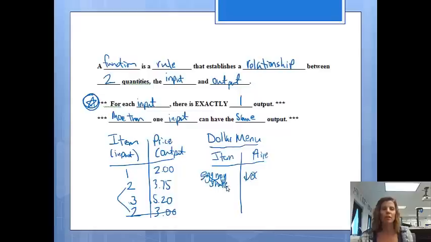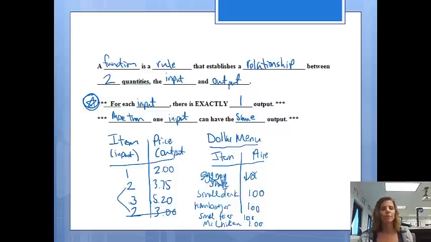Let me think of some things that would be. A small drink might be $1, a hamburger would be $1, small fries would probably be $1, and I think a McChicken sandwich is $1.